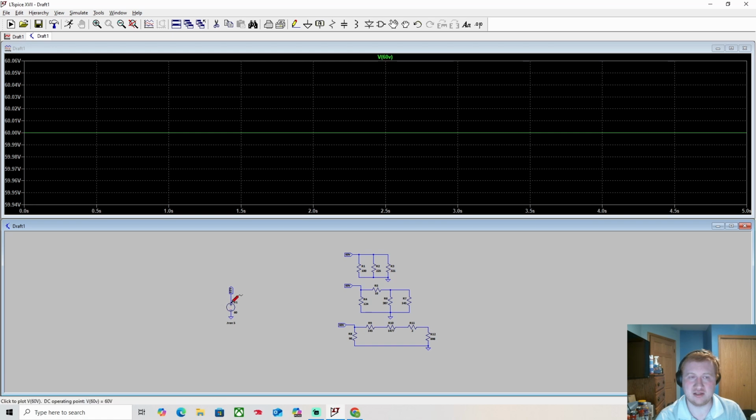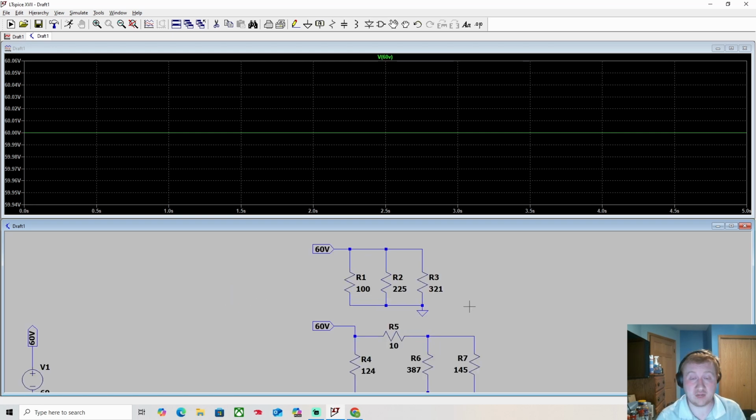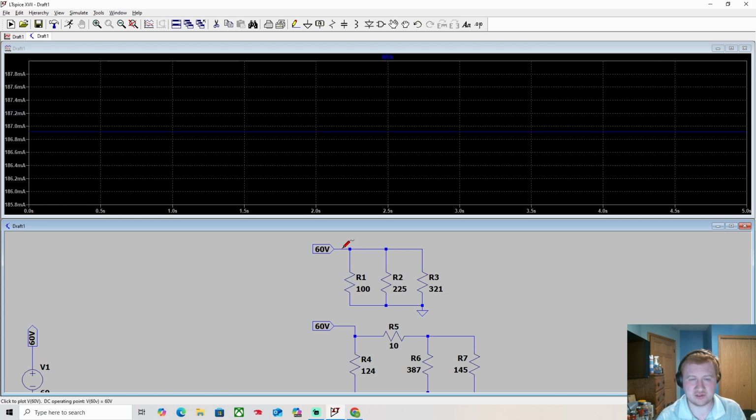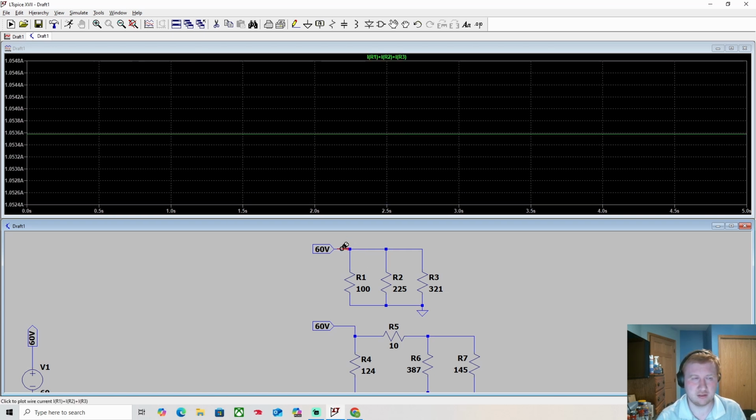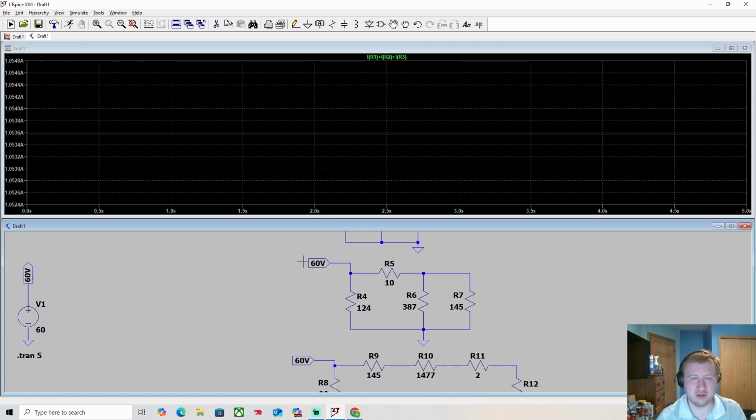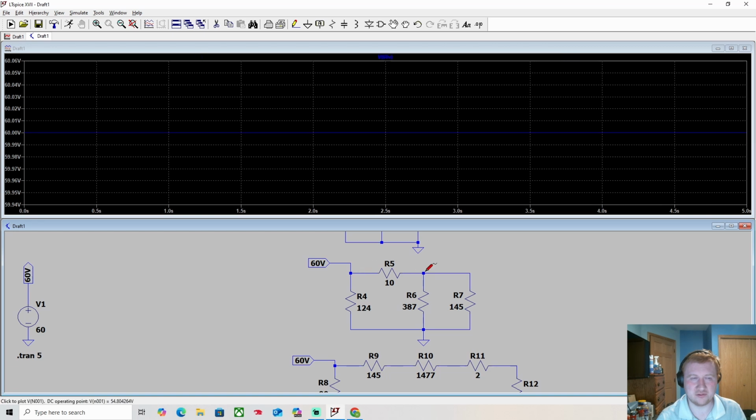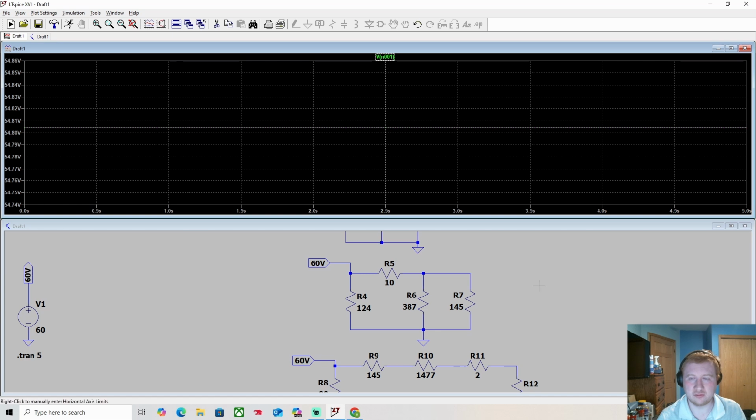And this saves a lot of room in actual schematics, and especially when teaching with simulation stuff like this. So this is a total of 1.054, 60 volts, drops down to 54.8.